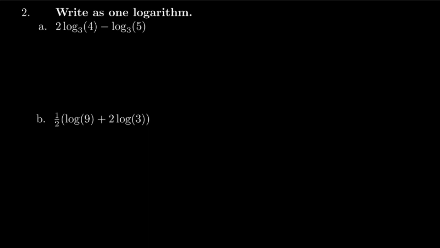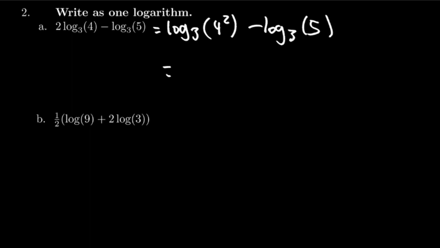Well, if you can bring powers down, you can also bring them back, right? So this could be log base 3 of 4 squared minus log base 3 of 5. And now from here, we can divide. So then we have log base 3 of, and I'm just going to do that out and divide in the same step. That'd be 16 over 5. This is written as 1 logarithm.